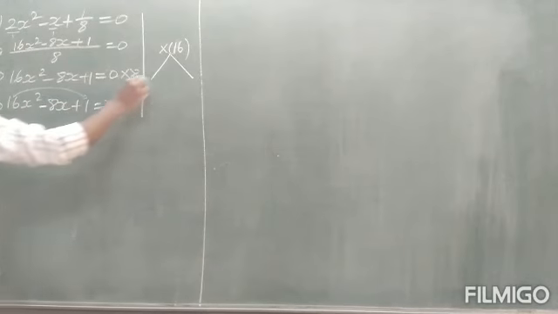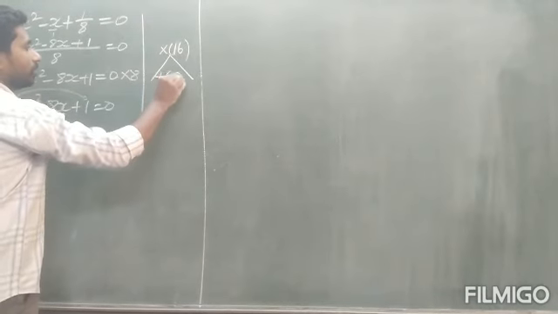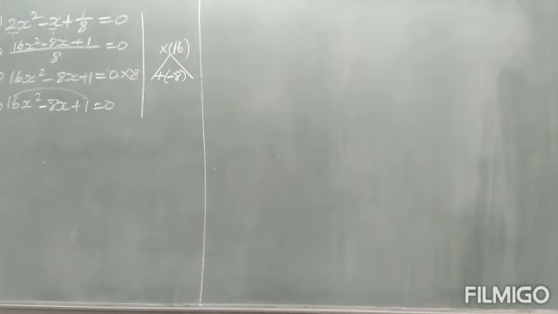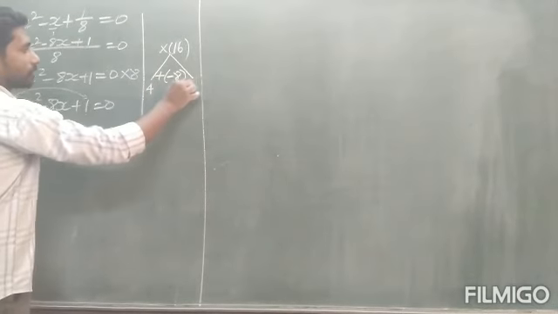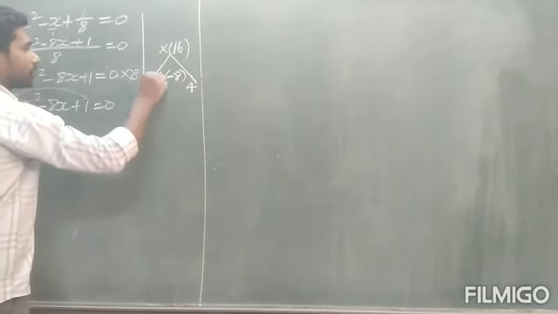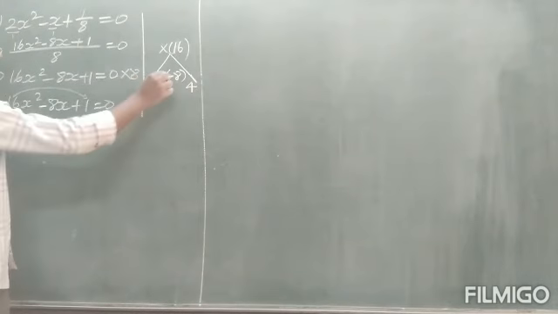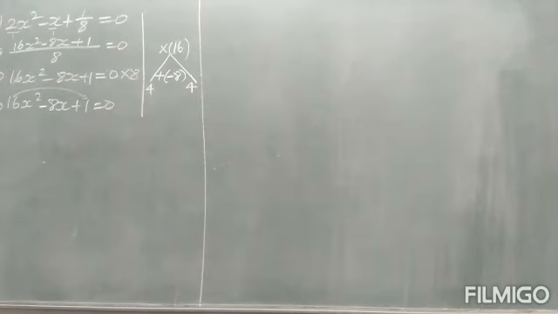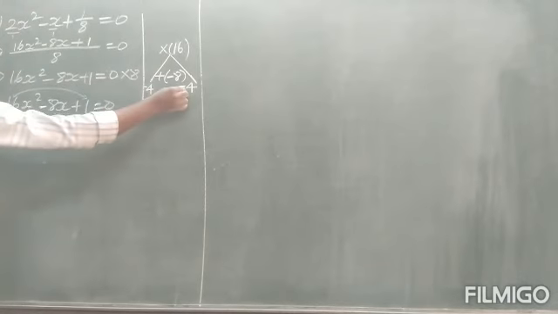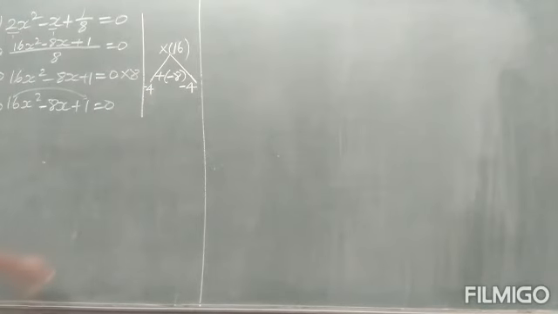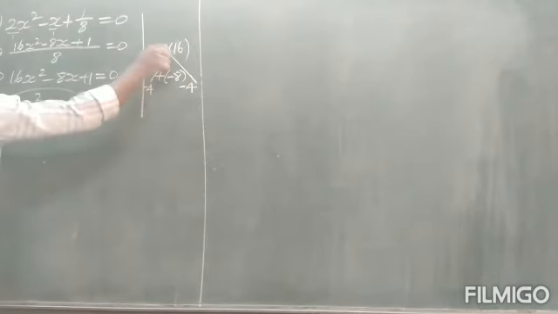Then the sum of the terms is minus 8. Now what are the factors? 4 4s are 16. But we are adding, we have to get minus 8. Now both 4 can be minus 4, minus 4, minus 4 gives minus 8.